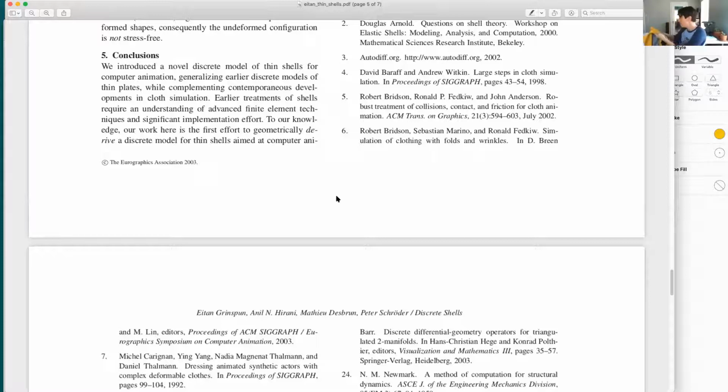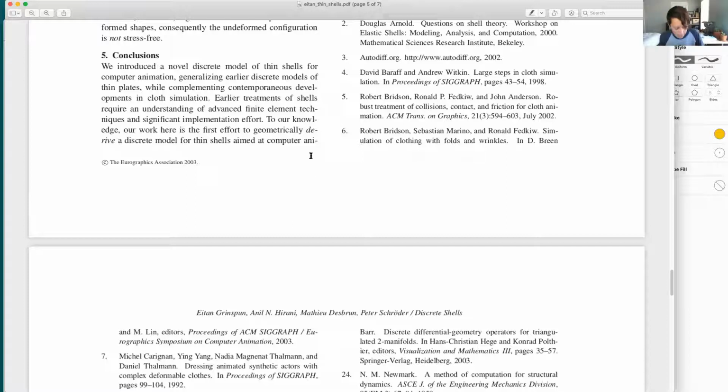So that's one way that we can use our intuition about configurations of triangles and forces along particular areas of that triangulated surface, and come up with simulations that more readily approximate what we would see in the real world.